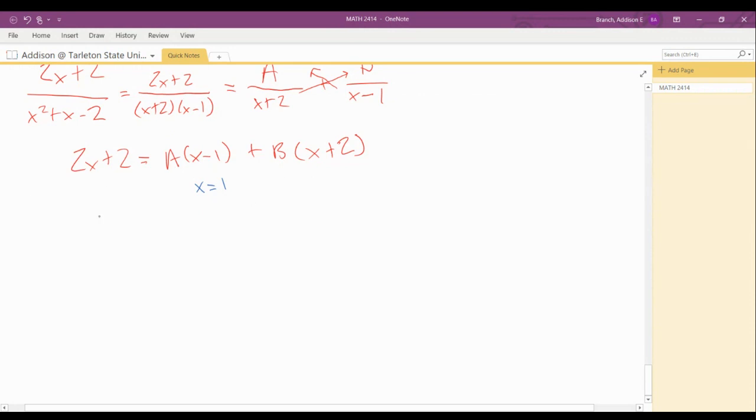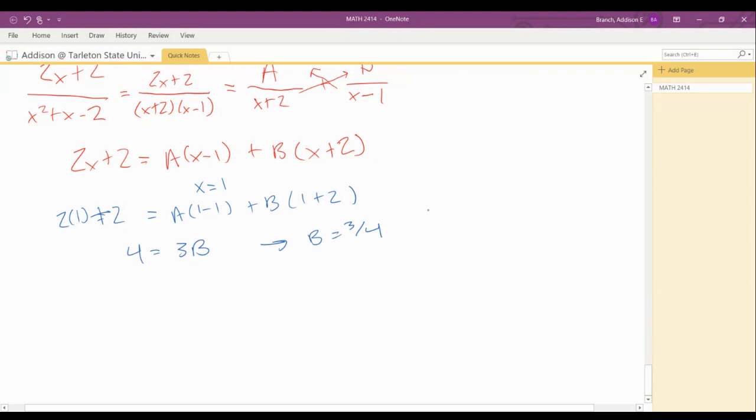So if we plug in x equals 1, we get 2 times 1 plus 2 equals a times 1 minus 1 plus b times 1 plus 2. So then 2 plus 2 is 4 equals 1 minus 1 is 0, so a is out, and then 1 plus 2 is 3 times b. And then we can say that b is equal to 4/3.